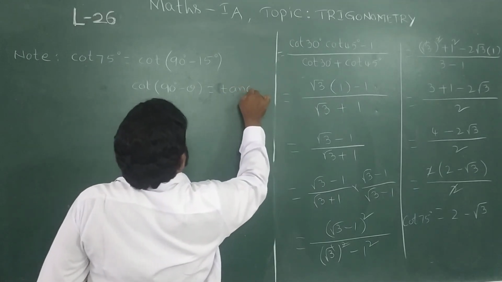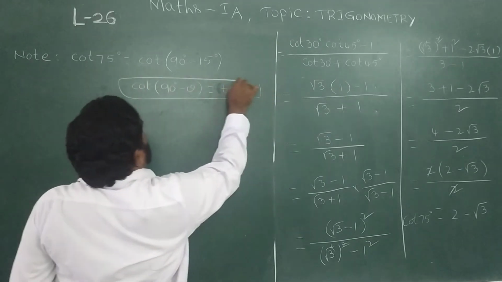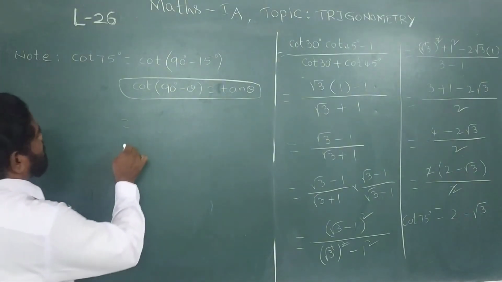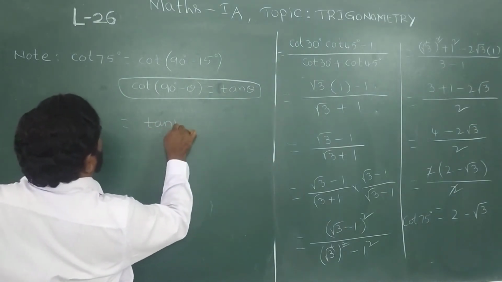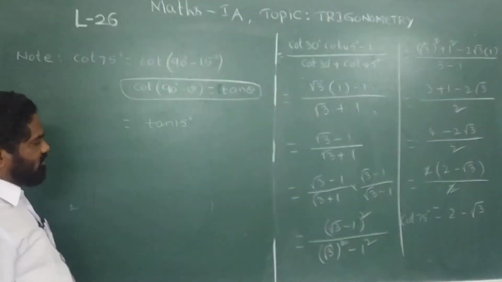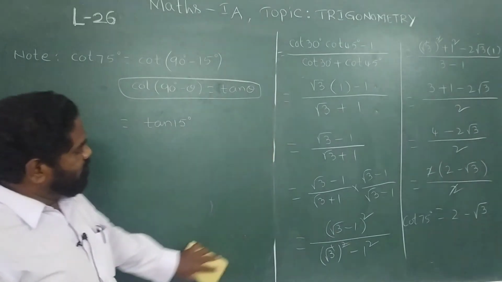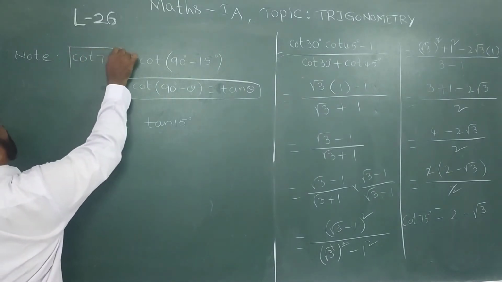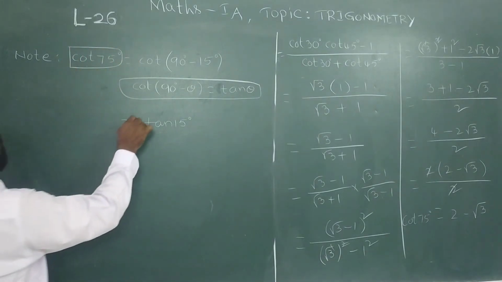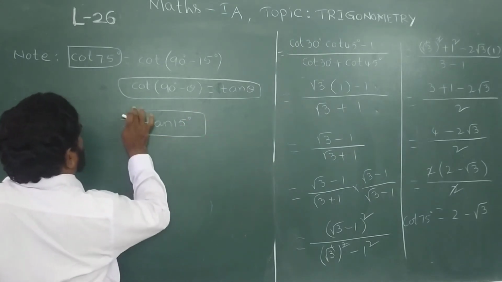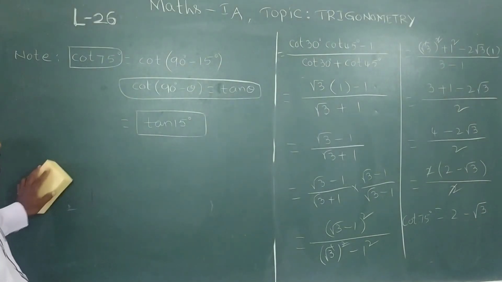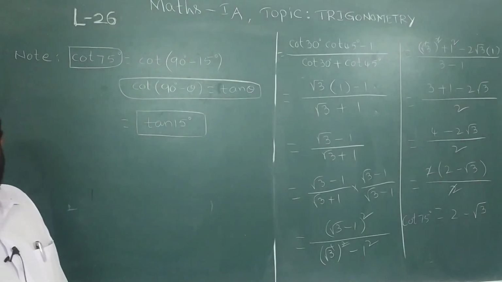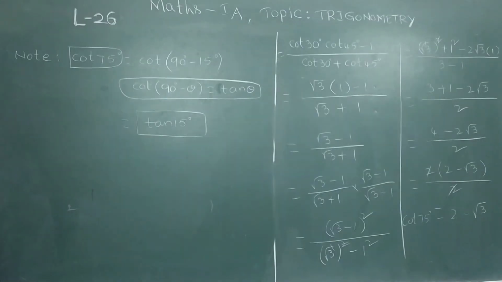Tan theta. We have the formula. That's why cot of 90 minus 15 degrees how much? Tan 15 degrees. Understand? So, cot 75 degrees value should be equal to tan 15 degrees. Understand? Okay?